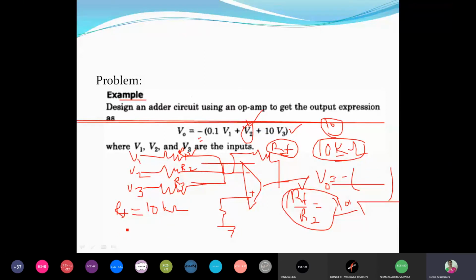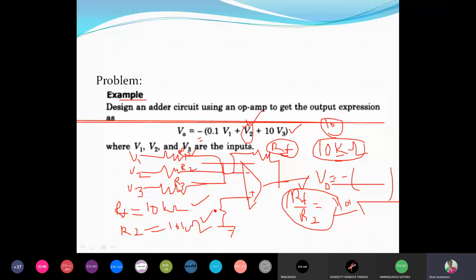Any value you can select. Corresponding to RF equal to 10 kilo ohms, R2 will also be equal to 10 kilo ohms, because in the expression for V2 there is no coefficient, it is unity. Therefore, RF is equal to 10 kilo ohms means R2 is also equal to 10 kilo ohms.